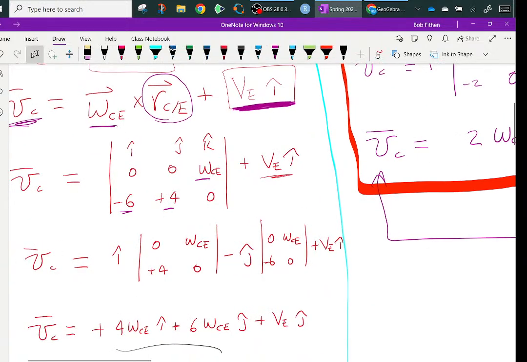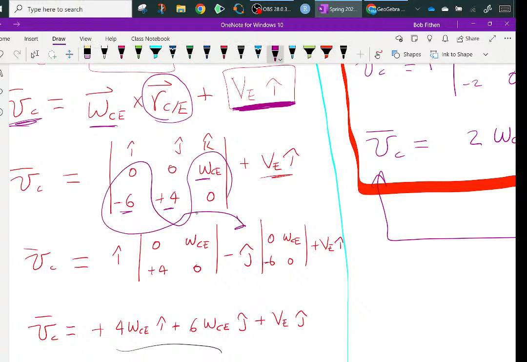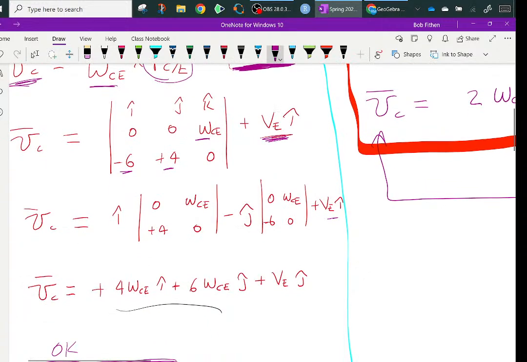Now, okay, I'll take the I and put these here. For the J, I'll take these and put them there. And this is still moving to the right. So that times that times that.